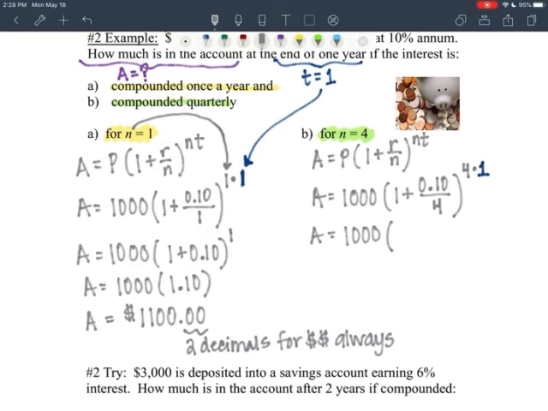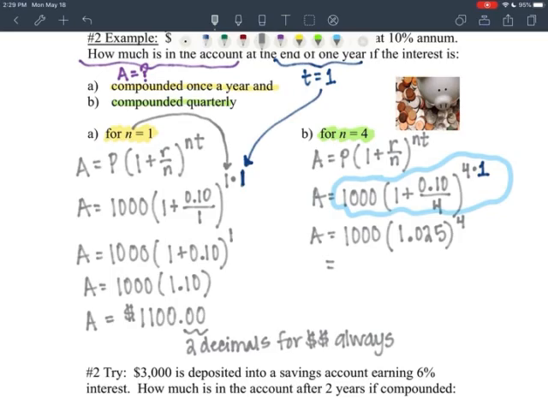In this case it works out very nicely because it's a decimal that stops, but sometimes it's not. Sometimes I'll put all of this into my calculator all at once, but right now I just want to break it down for you. So I'm going to have 1,000 times 1.025 raised to the 4th power.